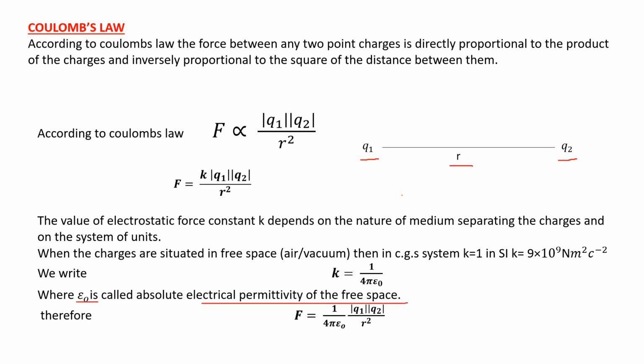So the formula becomes F equal to 1 upon 4 pi epsilon naught Q1 Q2 upon R square. In place of 1 upon 4 pi epsilon naught, you can write this value also, 9 into 10 raised to power 9.